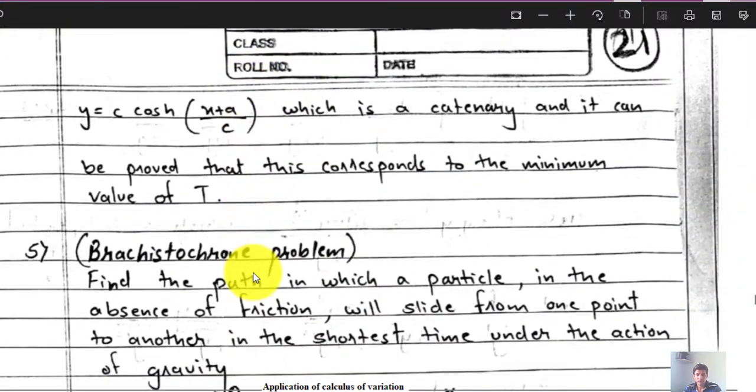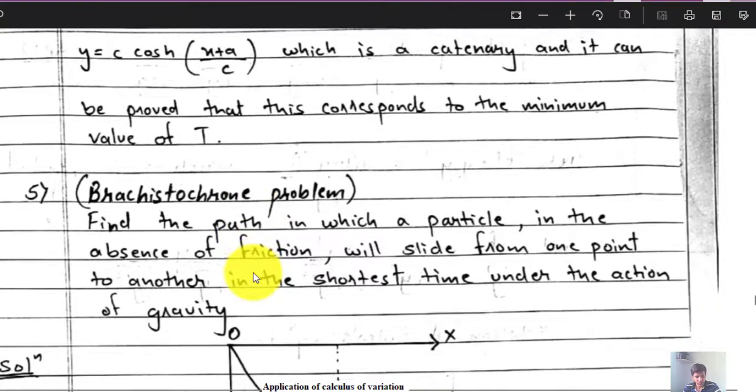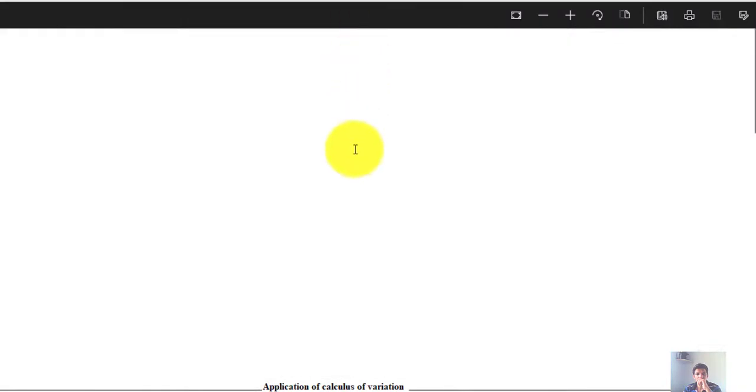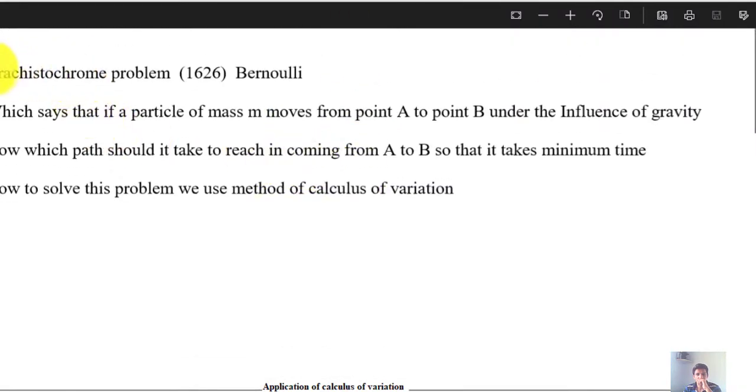Now this brachistochrone problem, so what is this problem? Let me give you a task. It was established around the year 1696 by Bernoulli.